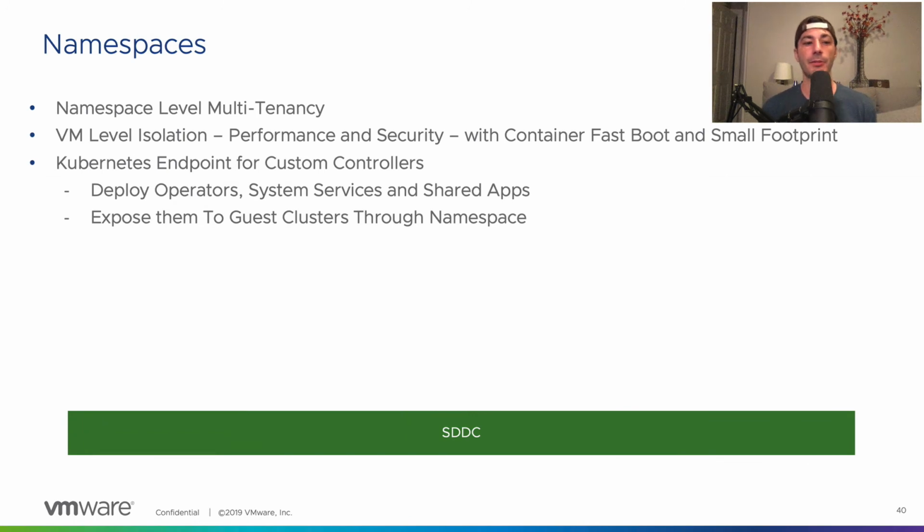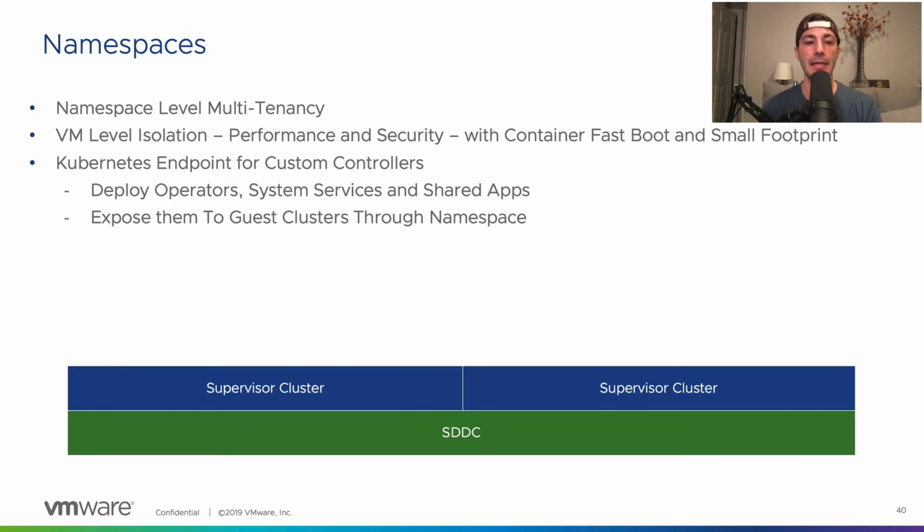Now, namespaces is really one of those neat key concepts that are coming into this. So at an SDDC layer, I can create multiple supervisor clusters. And then I also have this idea of what's called vSphere namespaces. Now, a namespace is a multi-tenancy kind of level. We're not really doing true native multi-tenancy yet. However, we can now have multiple applications or multiple types of objects running in each one of these individual namespaces.